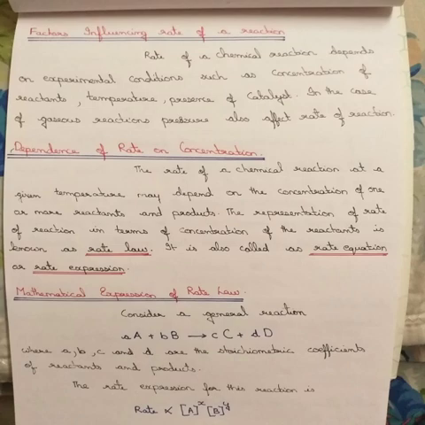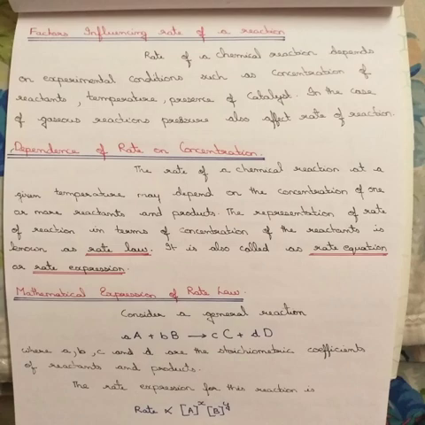So, in this section we have to go through a law. That law is known as the rate law. The rate law relates the concentration of reactant to the rate of a reaction. First, we can go through the mathematical expression for the rate law.